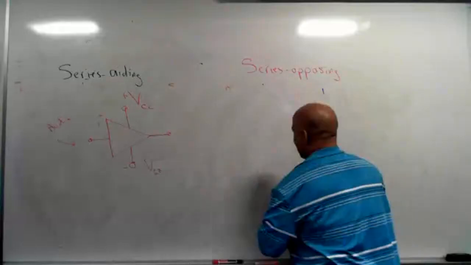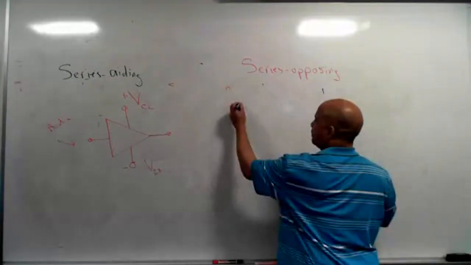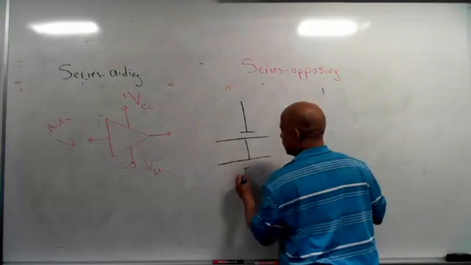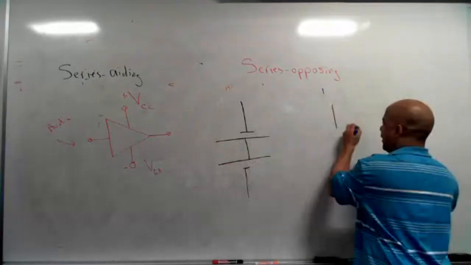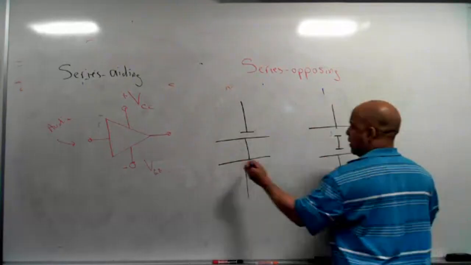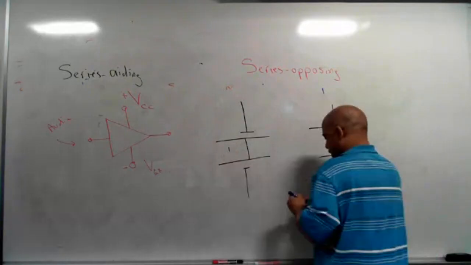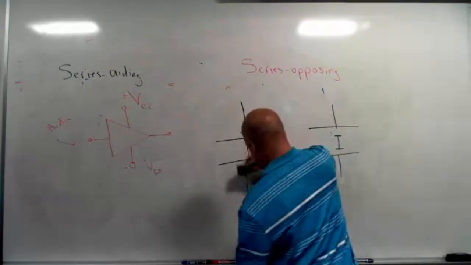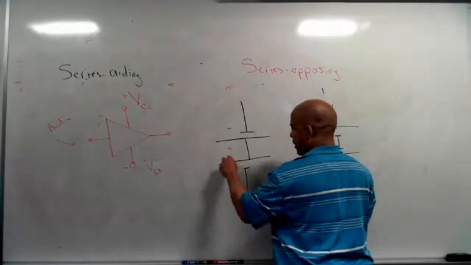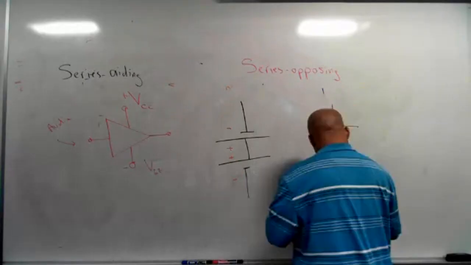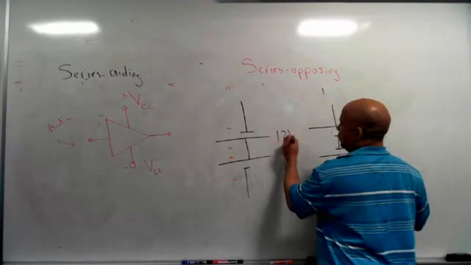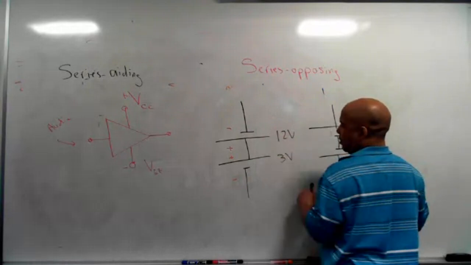So if I had it like this, or the other way like this, I like to make these a different color; I think it stands out better. So I have plus, minus, plus, minus. Let's use 12 volts and 3 volts.